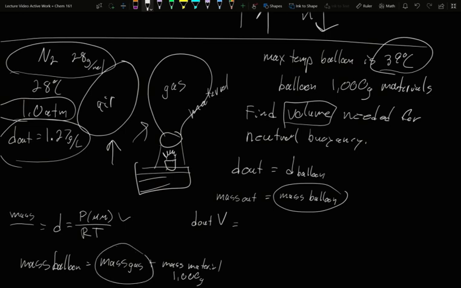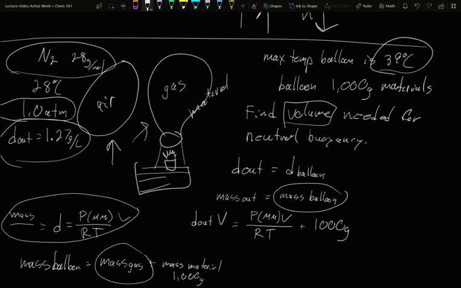We need the mass of gas, and we just said I can solve the mass of my gas. So what is the mass of my gas going to be? It's going to be the pressure, the molecular mass, the volume over RT. And then we're going to add the 1,000 grams for our materials.